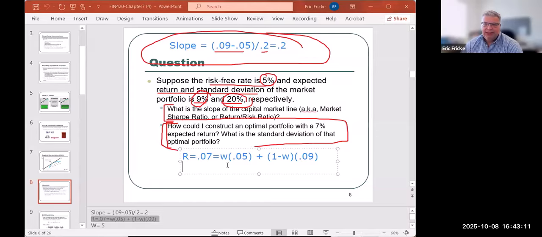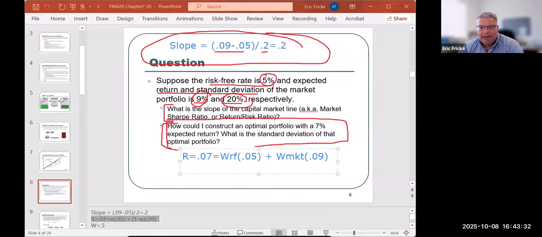And this would be the risk-free rate, times W, the weight on the risk-free asset, and then this would be the return on the market, times the W on the risky, or let's call it the market portfolio.